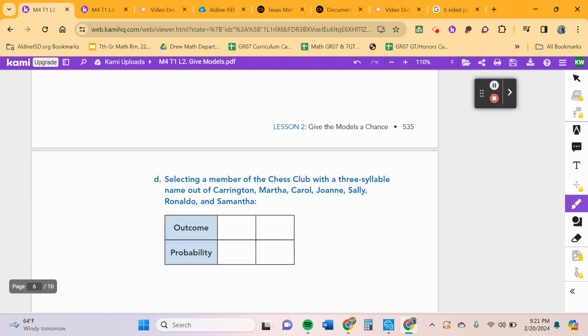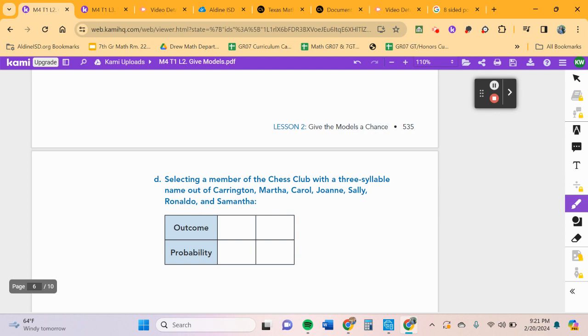And D says, selecting a member of the chess club with a 3-syllable name out of Carrington, Martha, Carol, Joanne, Sally, Ronaldo, and Samantha. I did that on purpose to help you, because if you don't know what a syllable is, remember, I'm not an English teacher, but the way you would count syllables is every time that you, I guess, have to pause.